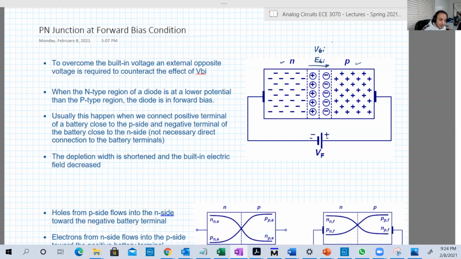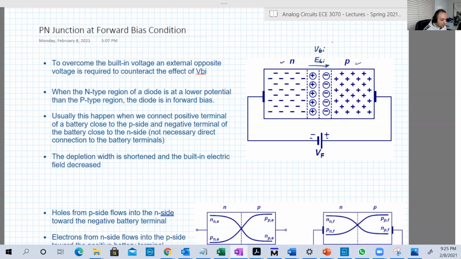To make the PN junction conduct current, we need to maintain the motion of the majority carriers, holes in the P-type region flowing to the N type, and the majority carrier electrons flowing from N to the P side. So we must overcome the reasons that prevent them from flowing.